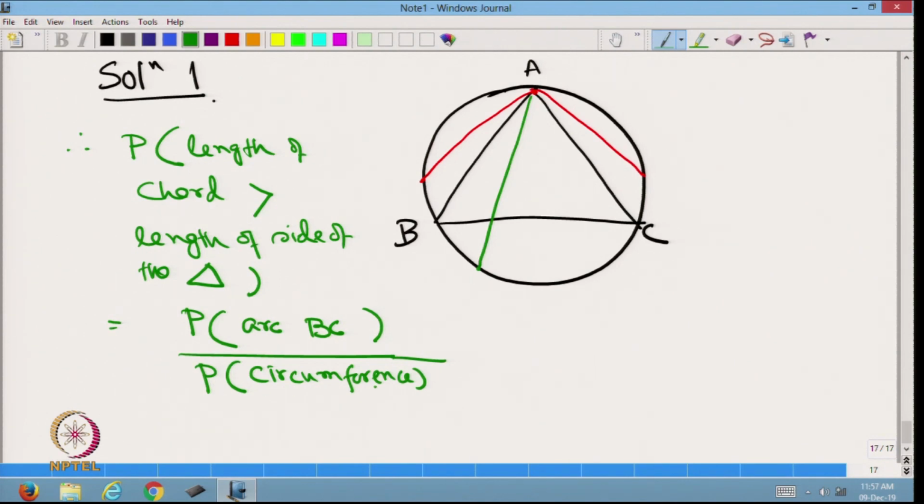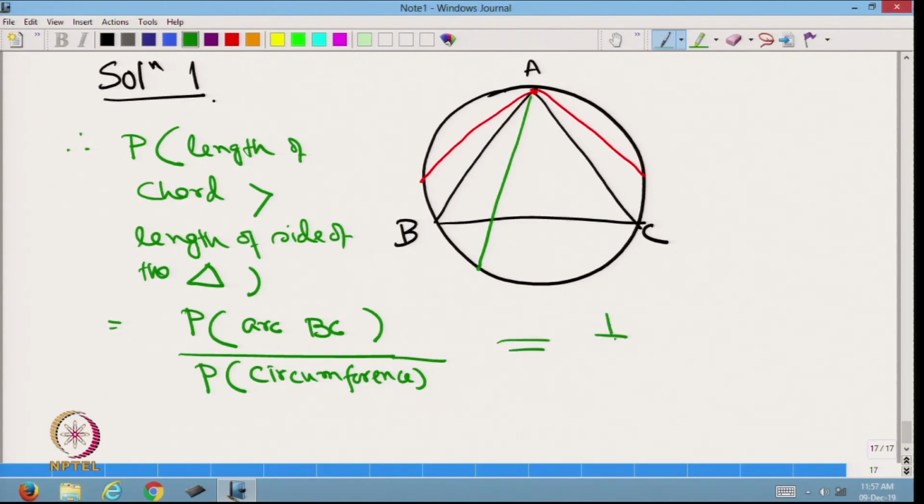We are dividing by this because the length of the circumference is going to be 2 pi, which is not 1. To make it 1, we need to divide everything by 2 pi.